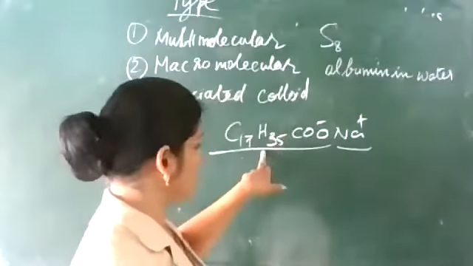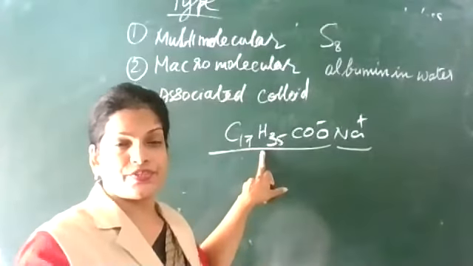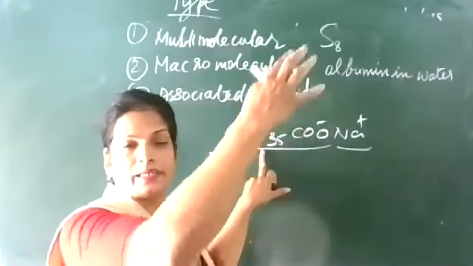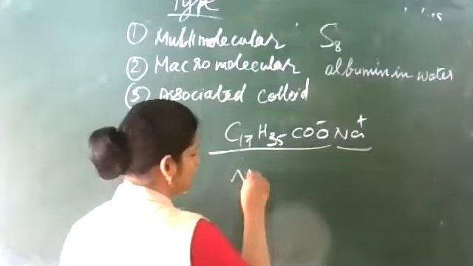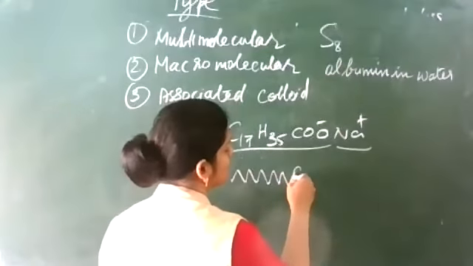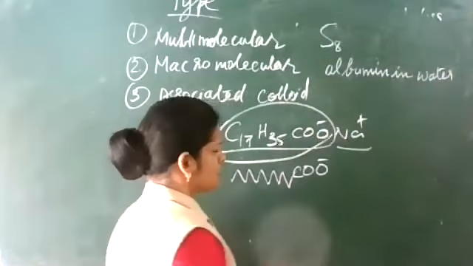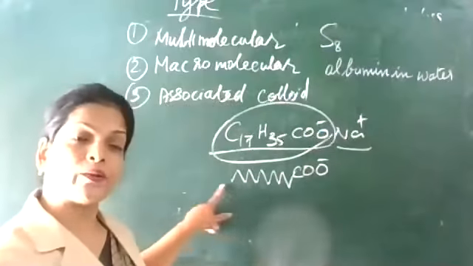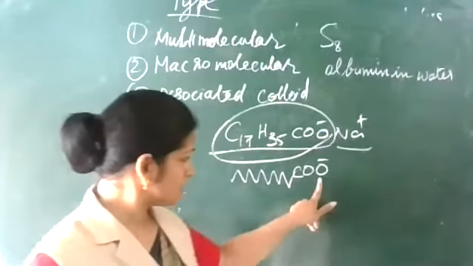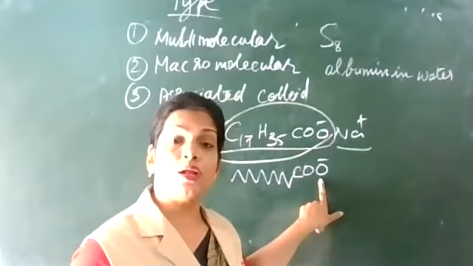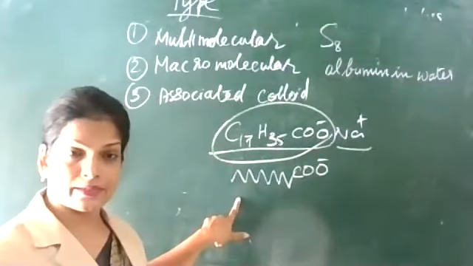And this portion is a long fatty portion, CH3, CH2, CH2, like that, C17H35 with that COO minus. So this portion has got a long hydrocarbon chain. It is non-polar. And this end is the polar end. One is polar end and the other is non-polar end.